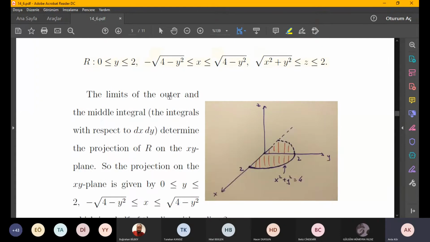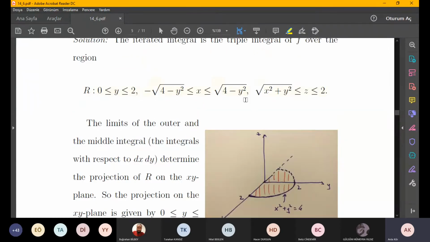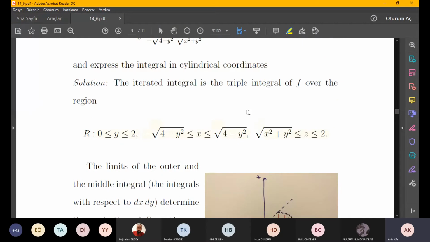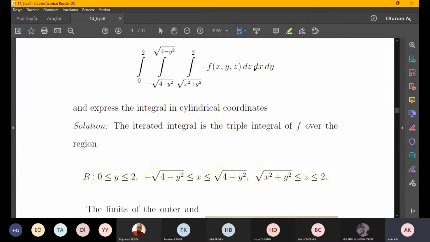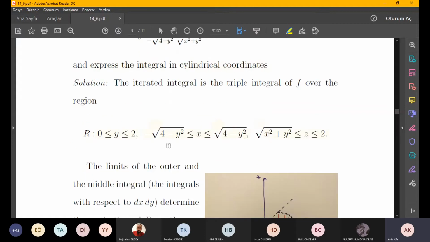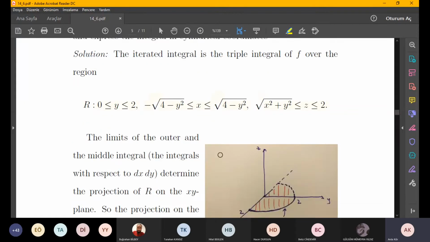And now we will try to sketch that region first. The limits of the outer and the middle integrals, which represent y and x respectively, determine the projection of R. Of course, it will determine the projection of the integration domain on the xy plane.